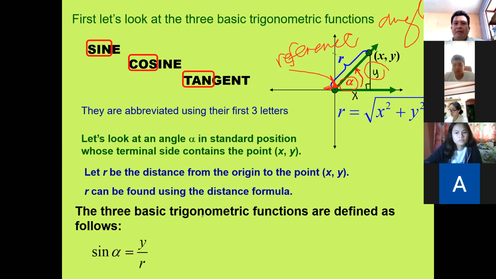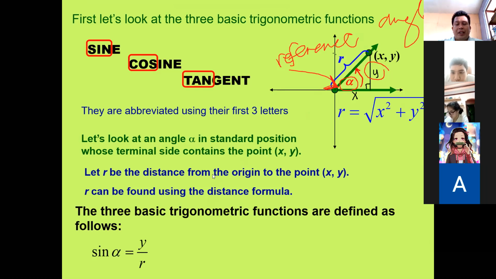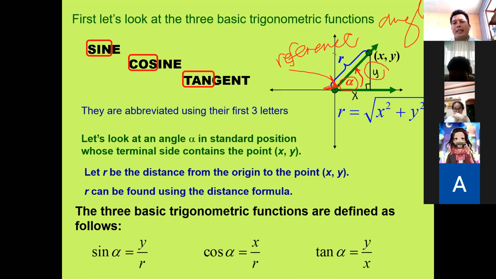From that illustration as well, cosine of alpha is equal to adjacent over hypotenuse, and your adjacent there is x, your hypotenuse is r. And for tangent, you can use y over x, or opposite over adjacent. The values x and y can be seen in the coordinates.